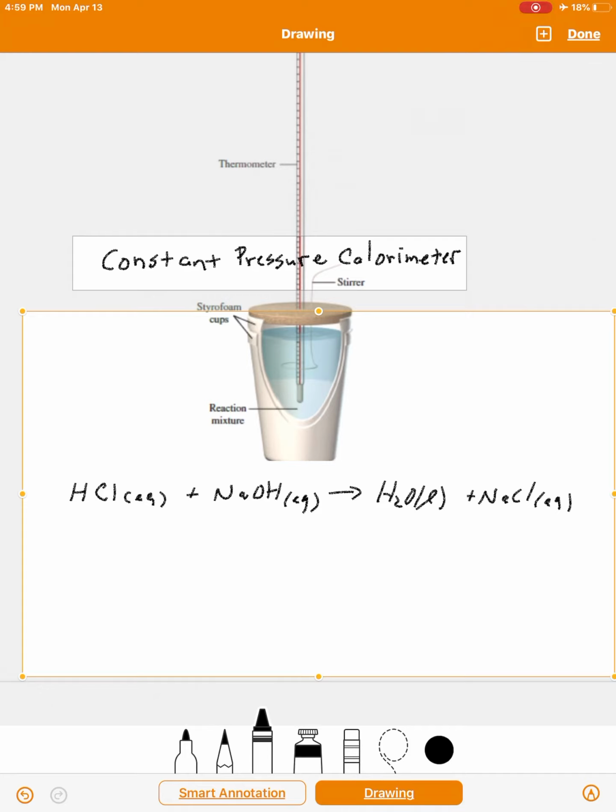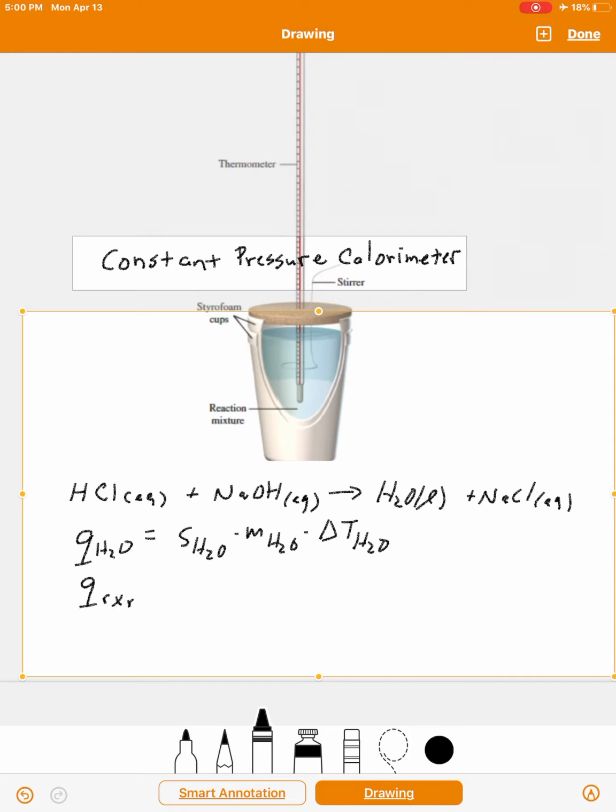So in this case, what we would do is calculate the heat that's warming up the water. The heat is coming from the reaction, it's going into the water, and so the heat transferred into the water would be the specific heat of water times the mass of the water times the change in temperature of the water. So that's how much heat went into the water. How much heat came out of the reaction?